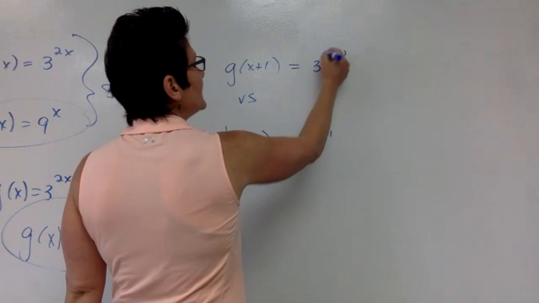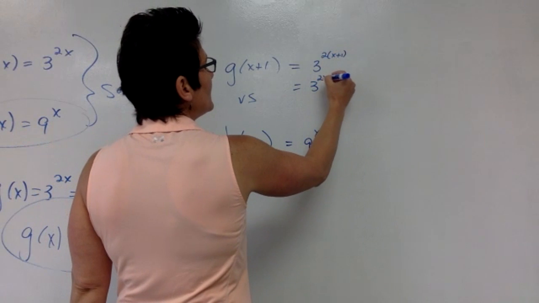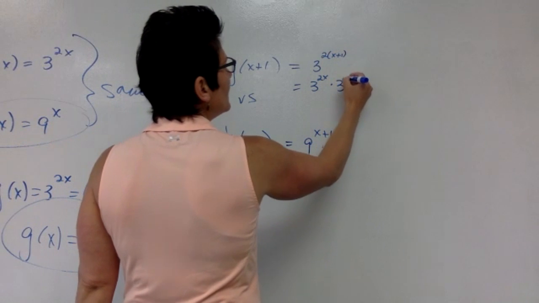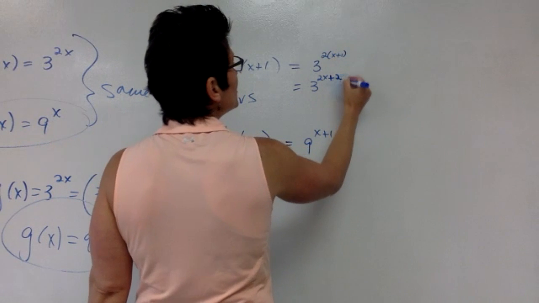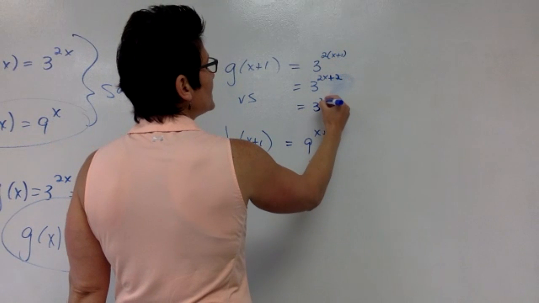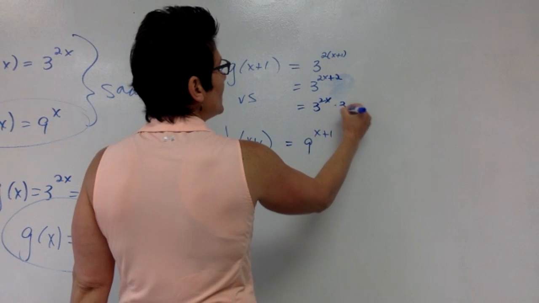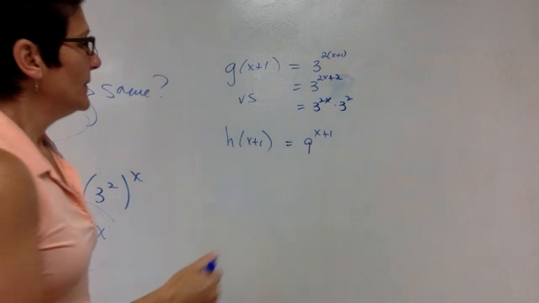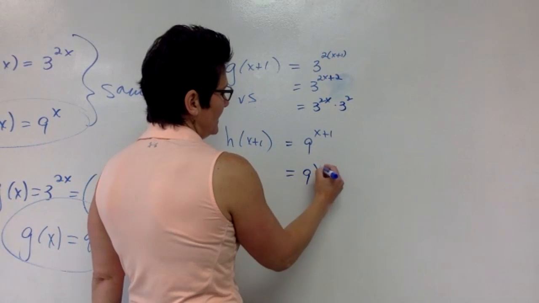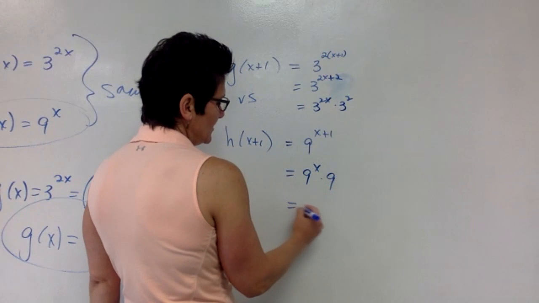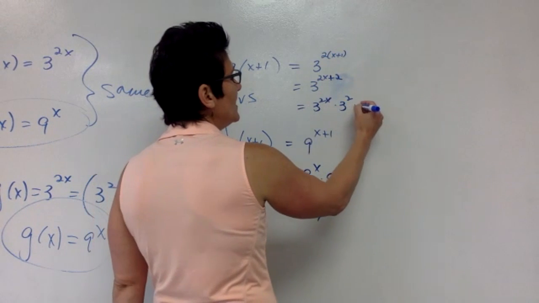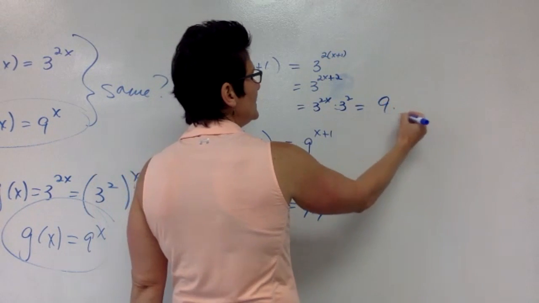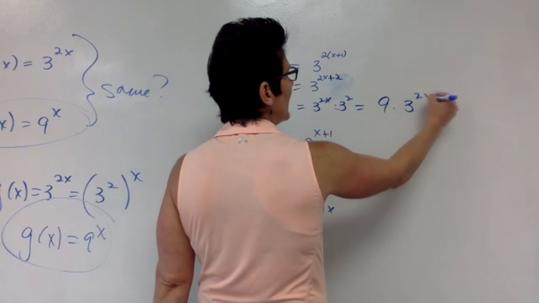If you multiply this through, you wind up with 3 to the 2x times 3 squared, which is 3 to the 2x plus 2. 9 to the x plus 1 is 9 to the x times 9, so this winds up being 9 times 9 to the x. But if you look at this one over here, 3 squared is 9, so you still have 9 times 3 to the 2x.